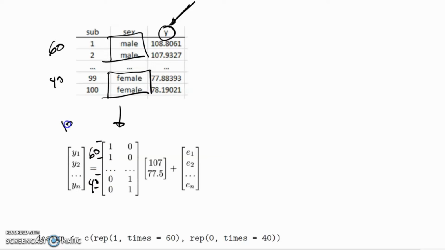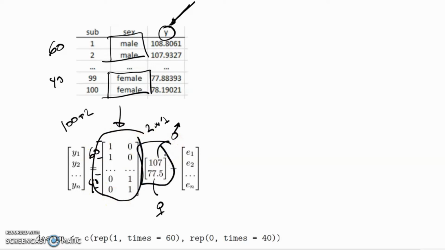So this is a 100 by 2 matrix. And then here we've got a 2 by 1 vector where this is the male wing length and this is the female wing length. And if you think about how matrix multiplication works, if we multiply this guy by this guy, what do we get?